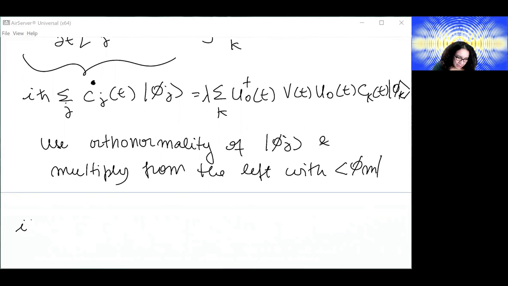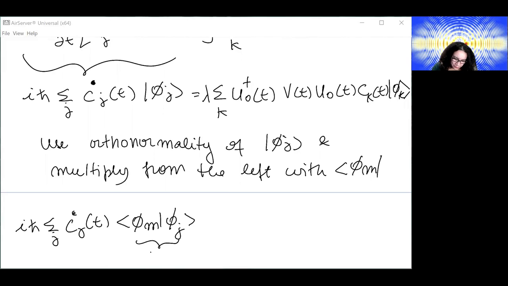And this is going to give me then i h-bar sum over j c_j dot(t). And we have this inner product phi_m phi_j, which is going to be then delta_mj, because of this orthonormality. So we have the Kronecker delta here.